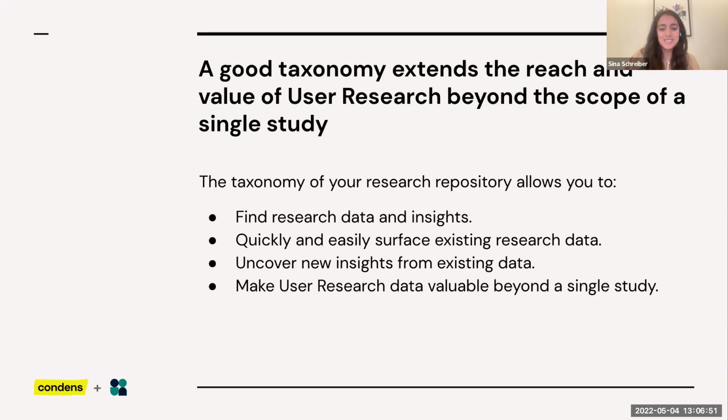It allows you to quickly find existing research data, to gather new insights from existing research data, and in general helps you to drive evidence-based decision making. So it helps you to make the data findable, to sum it up.